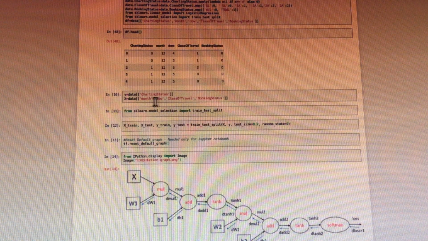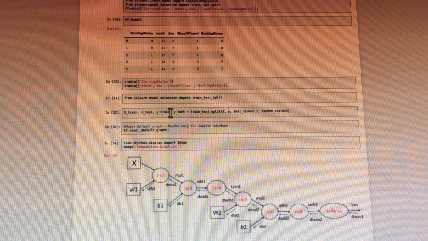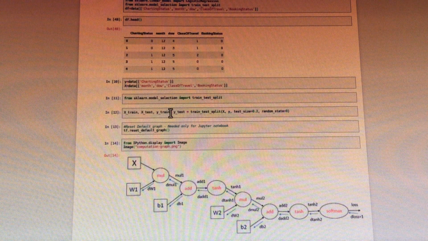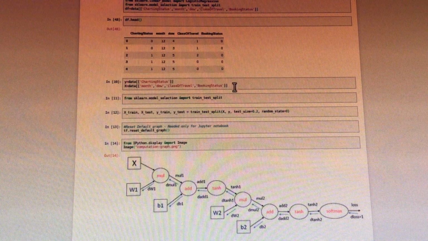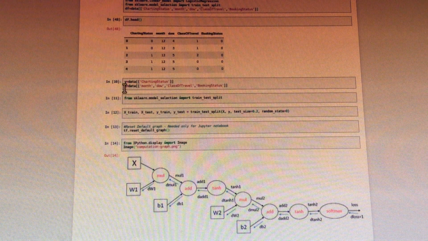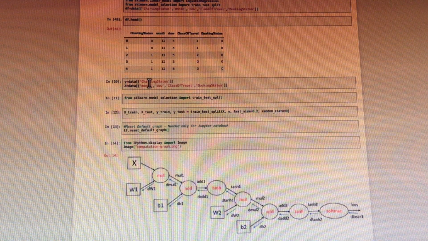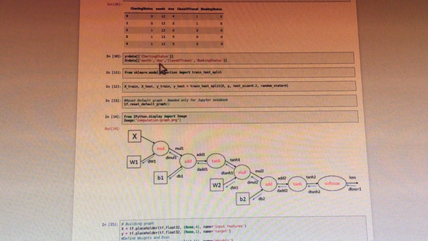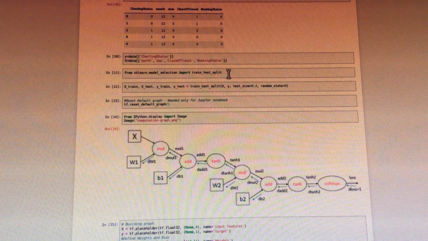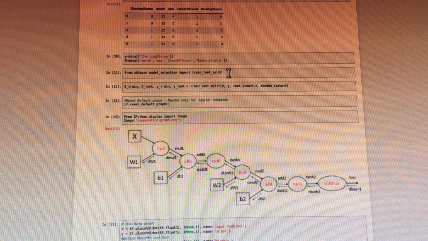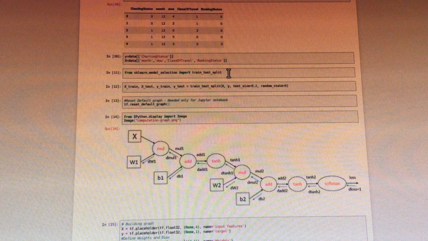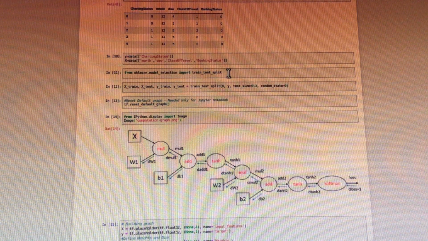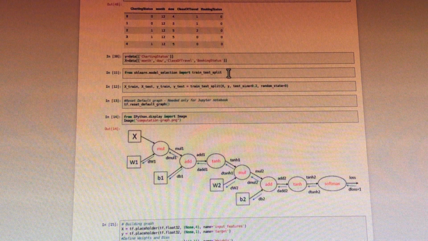We have four features here, so we are using these to make X, and our target is Y. We are using scikit-learn here to split the dataset into train and test. The training dataset is 80% and the test is 20%.